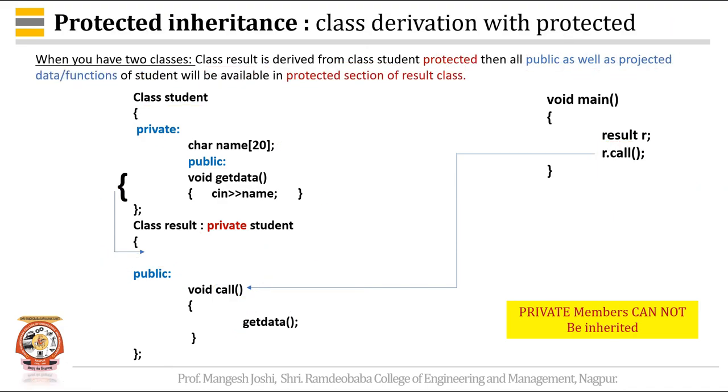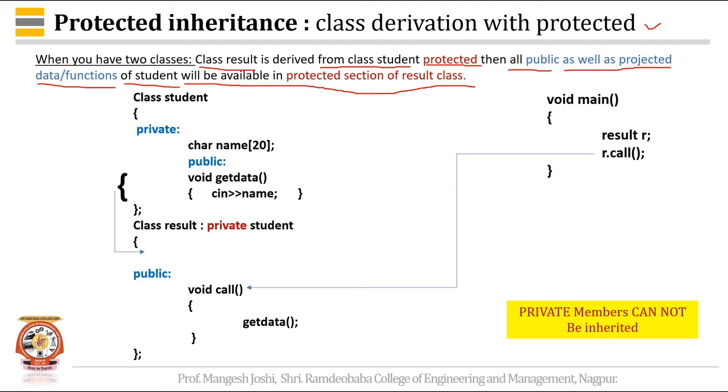The third type of inheritance is the protected inheritance, that is, the class derivation with the protected keyword. Now what happens in protected inheritance? Suppose class result is derived from class student in a protected way, then all public as well as protected data or functions of the student, the base class, will be available in the protected section of the result class.